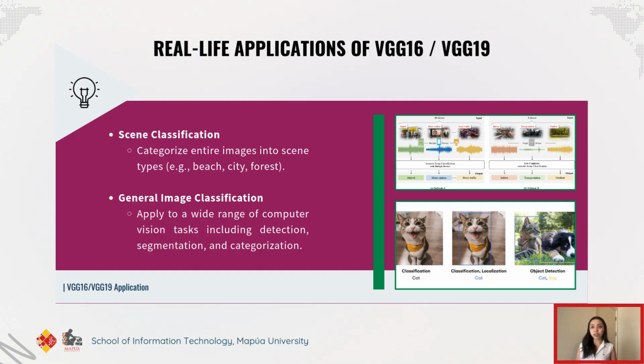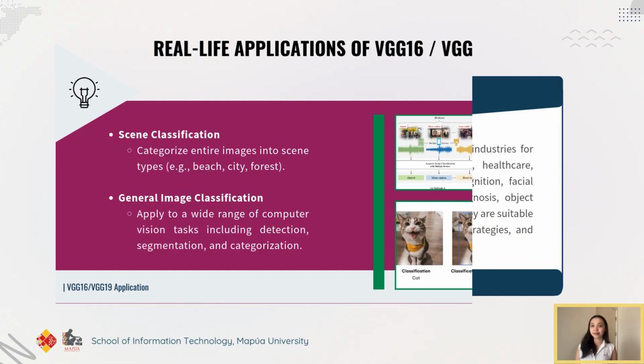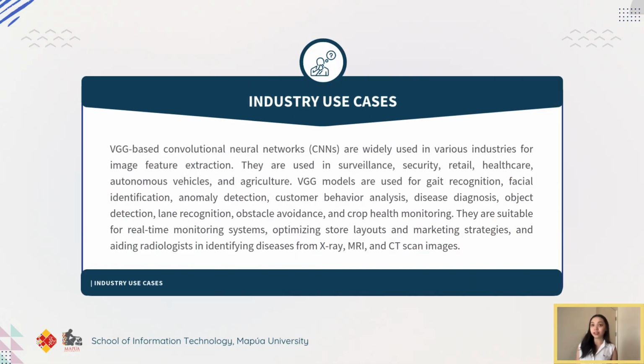They can address complex problems like object detection and image segmentation. VGG models are not limited to niche applications, but are widely utilized for learning and applying deep visual features across computer vision challenges.